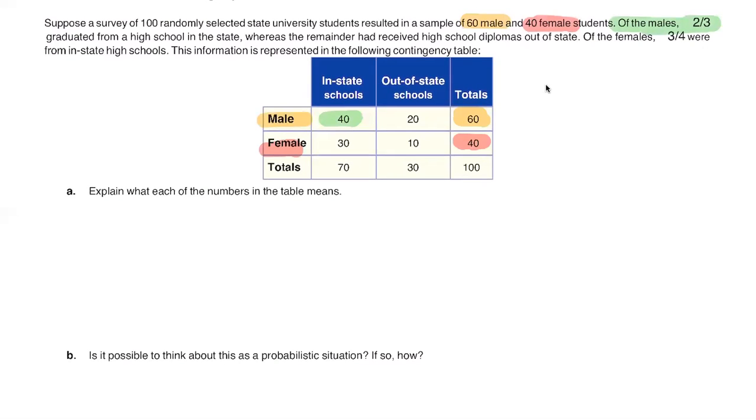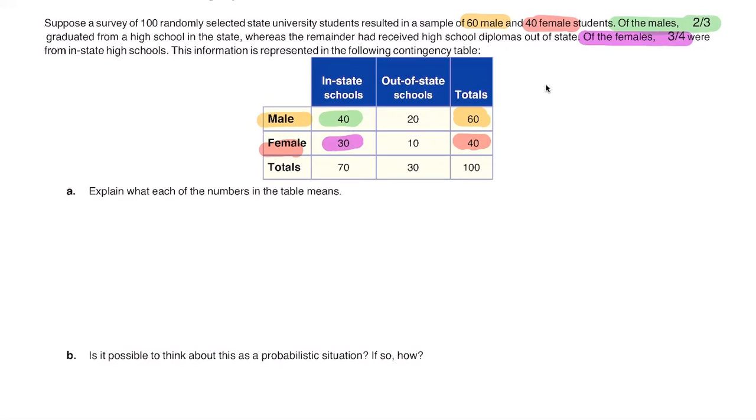And then of the females, three-fourths were from in state. Is 30 three-fourths of 40? Absolutely. So that means that the 20 and 10 represent the one-third of males from high school out of state and one-fourth of females from out of state.